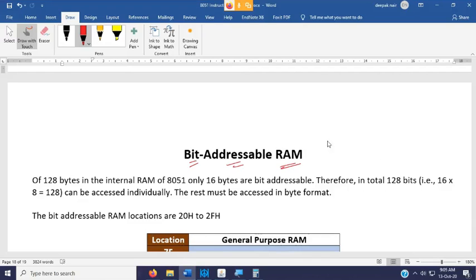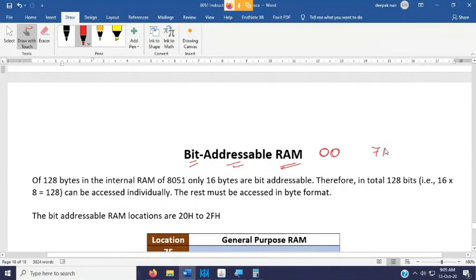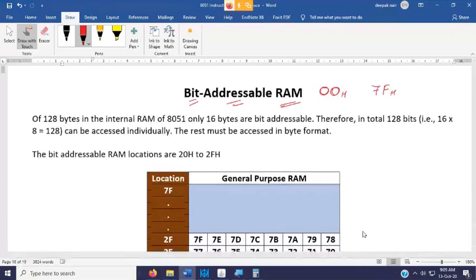When we say RAM, remember RAM ranges from 00 to 7FH. So now the question is, in this range, what are the things that we can keep in mind?